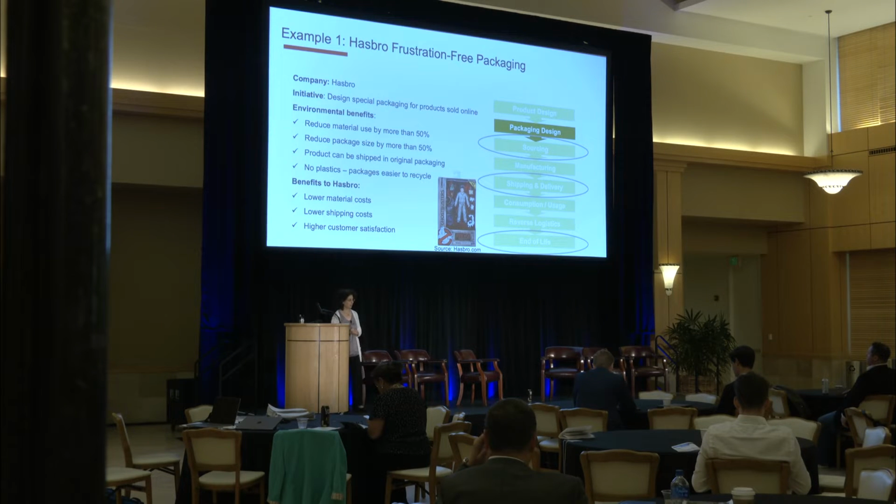In addition, there are also some business benefits that this initiative offered to Hasbro. It includes lower material costs. Because the packaging is much smaller, you need less materials to make it. Also lower shipping costs.